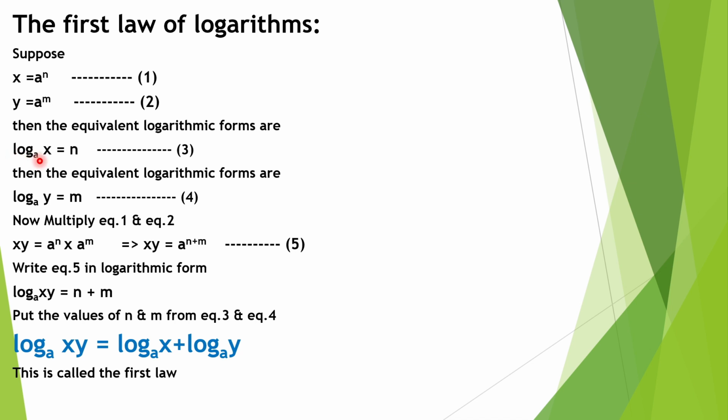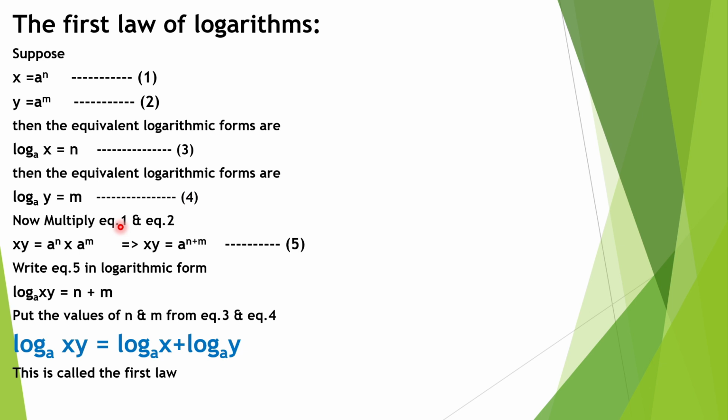So it becomes log to base a of x is equal to n. This n will remain over here. So we write this equation in logarithmic form like this, and similarly we convert this equation to logarithmic form like this: log to base a of y is equal to m. So this is equation 3 and this is equation 4.